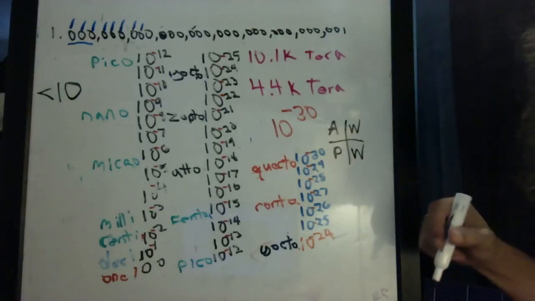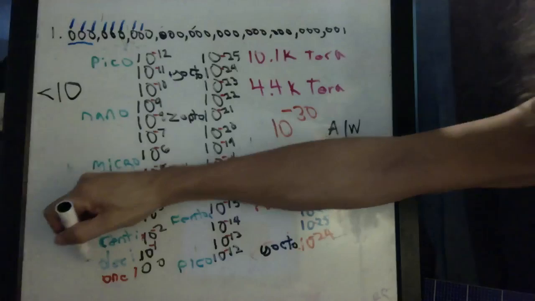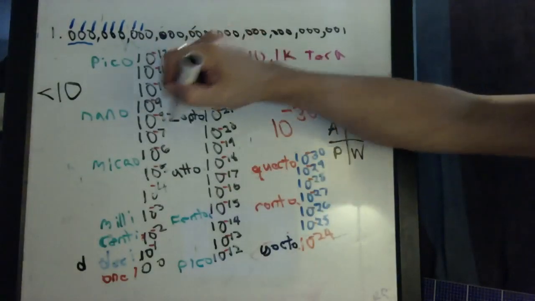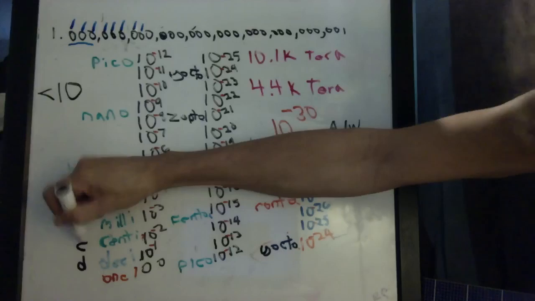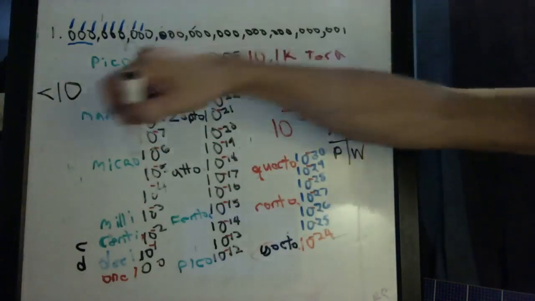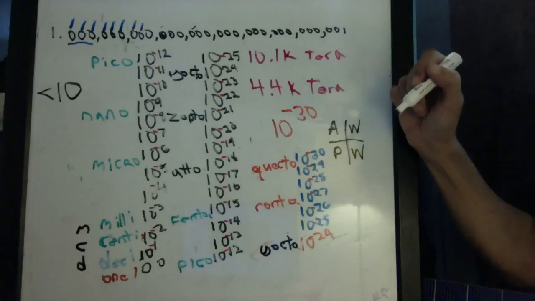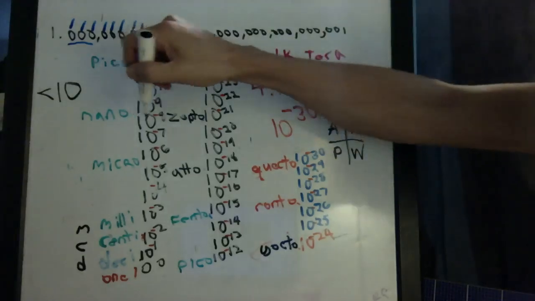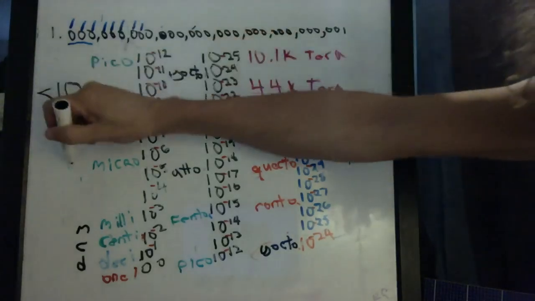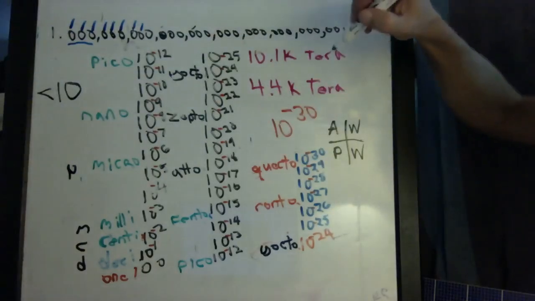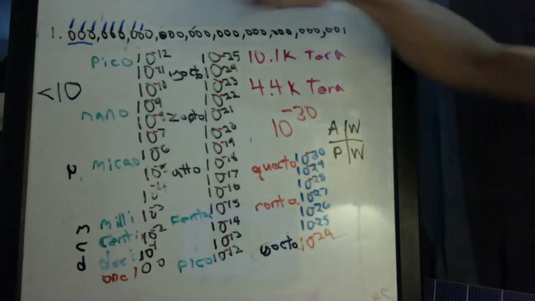So let's see here. Just the d for deci, lowercase d. Just the c, lowercase c for centi. Milli, lowercase m. And then we get up to nano. Oh, micro. Upsilon. Let's see. Nano.